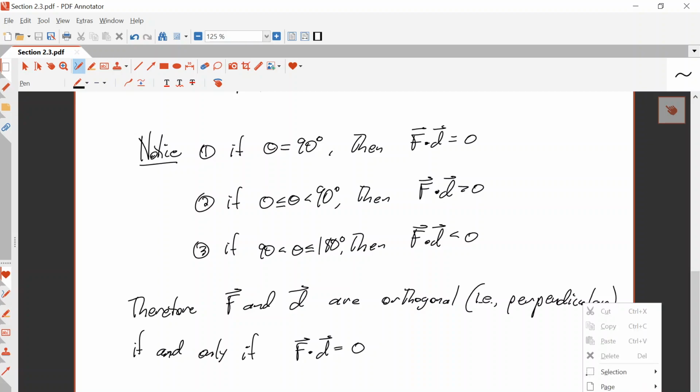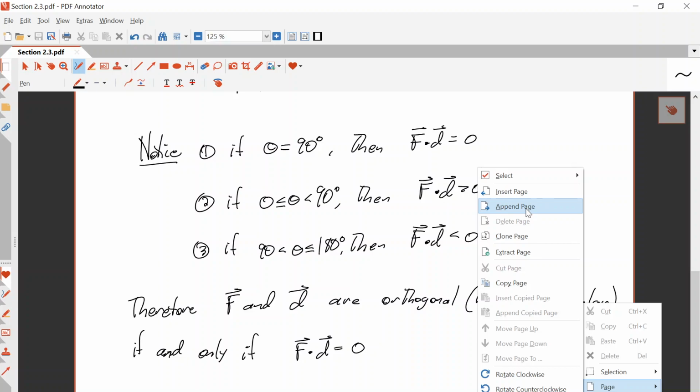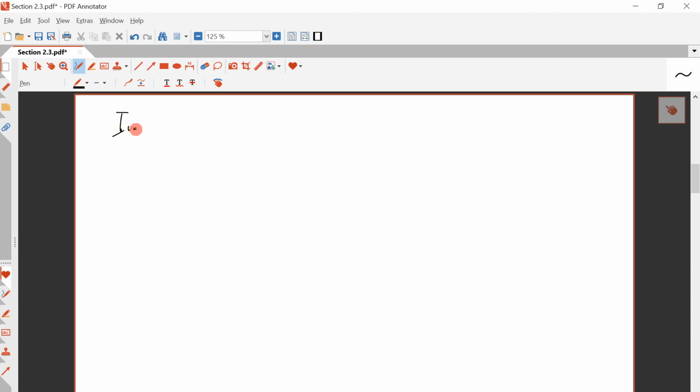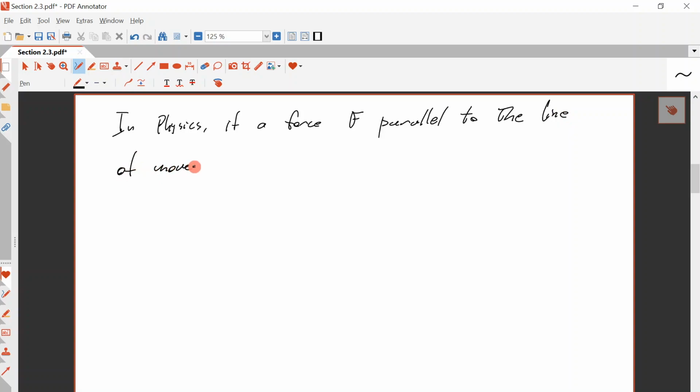All right, so the physical meaning of F dot D in physics: if a force F is parallel to the path, parallel to the line of movement of an object, a distance d.